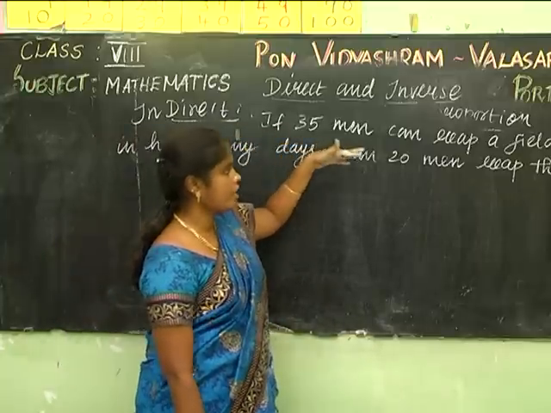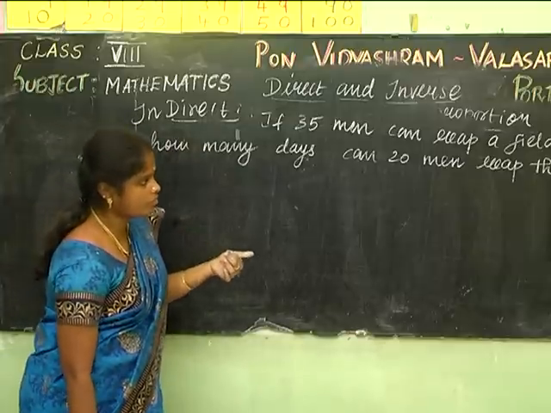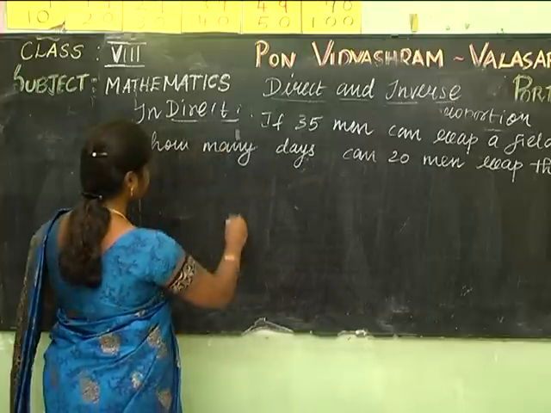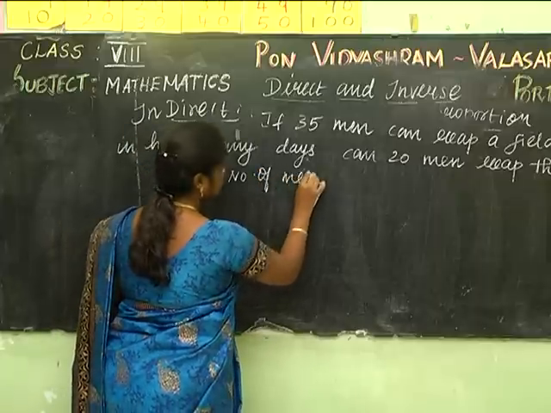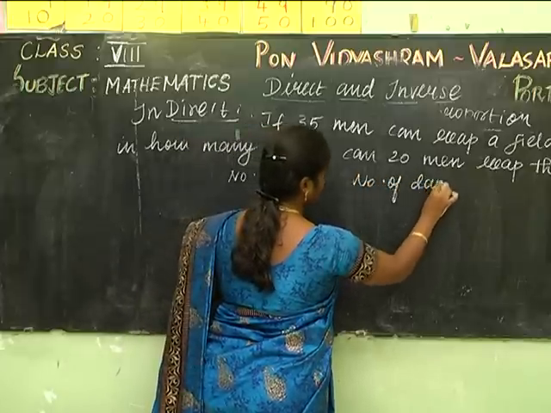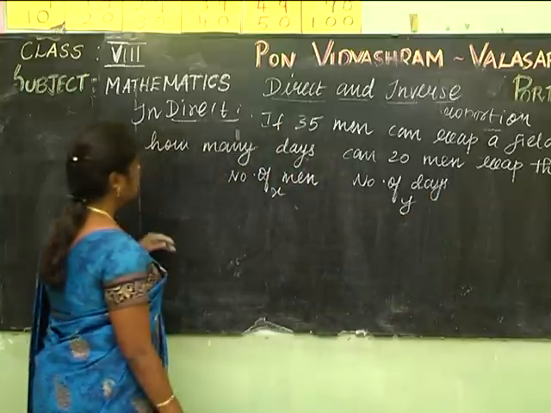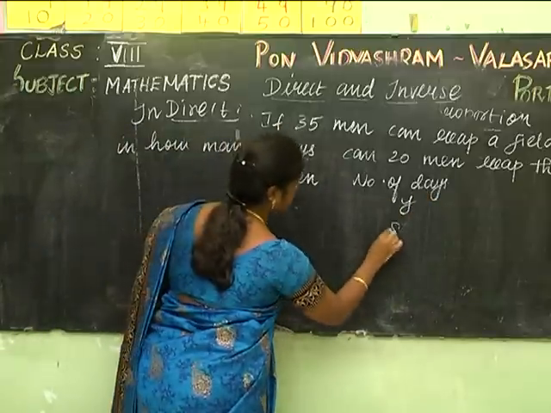Let us see an example for an inverse variation problem. If 35 men can reap a field in 8 days, in how many days can 20 men reap the same field? We'll represent this question in tabular form. Number of men and number of days. So this is x and this will be y. So 35 men can reap a field in 8 days.